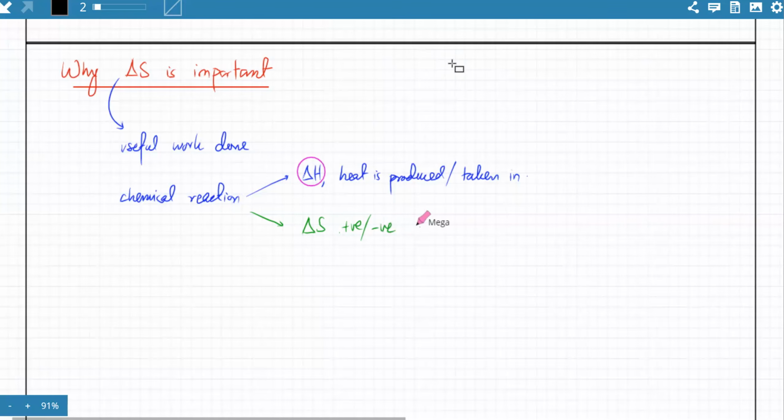Now when disorder is created, work can be produced. Useful work is produced. You can't really do much with the heat that is produced. So useful work is either taken in or produced. Will heat always be produced or will it also be released? Yeah, produced or taken in.